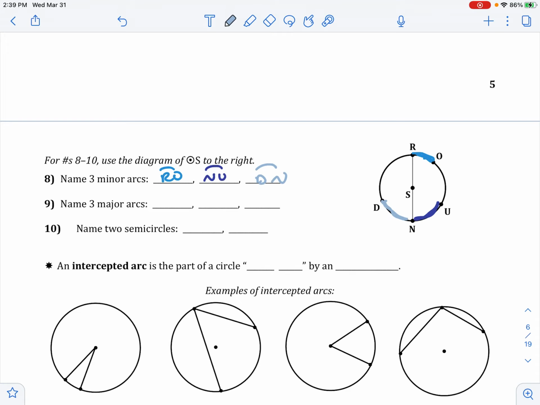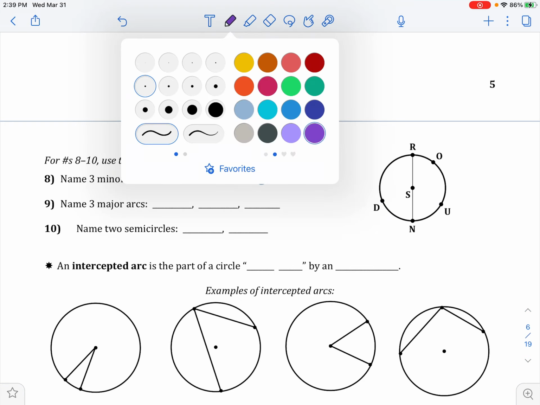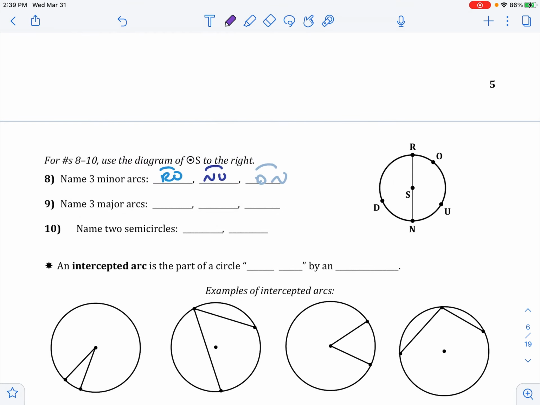Now some major arcs. Remember, these have to be bigger than the semicircles. Let's say I do DUN. There's an example. Let's try a different one. How about RUD?